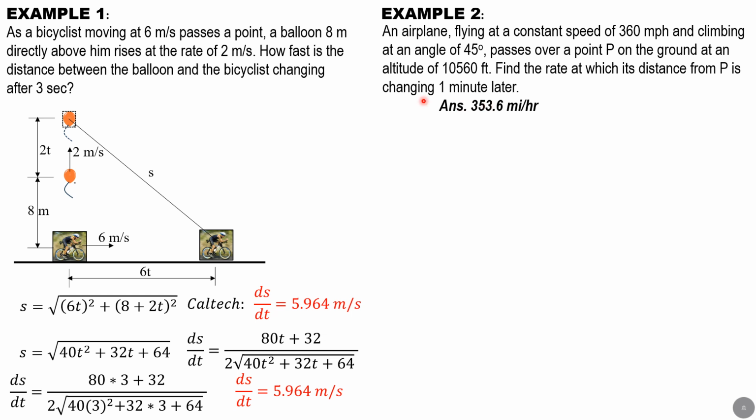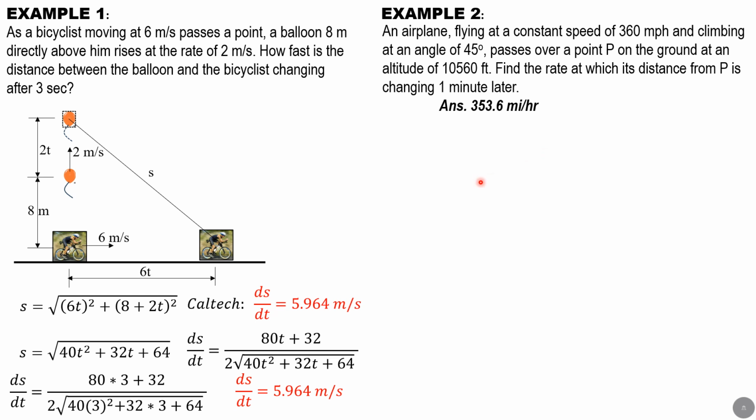So let's have the figure. We have a horizontal ground and a point P, then the airplane is overhead at a distance of 10,560 feet. Notice that 10,560 feet is 2 miles because 10,560 feet divided by 5,280 is 2.